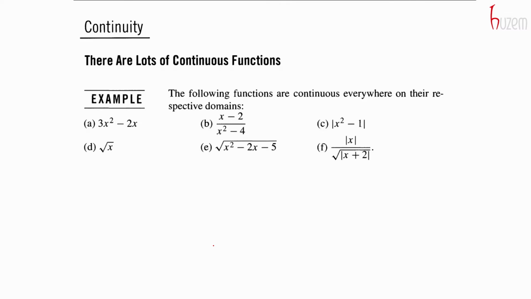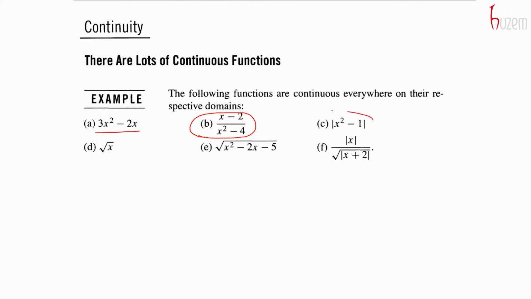Okay, there are lots of continuous functions as you can see from this example. For instance, in item A, you see a polynomial which is continuous everywhere. And in item B, you have a rational function x minus 2 divided by x squared minus 4. And this is continuous everywhere except at x equals minus 2 and x equals plus 2, making denominator vanish.